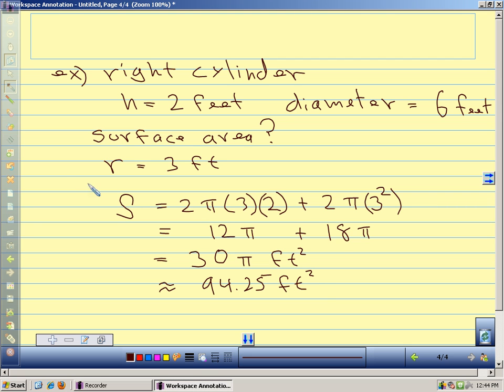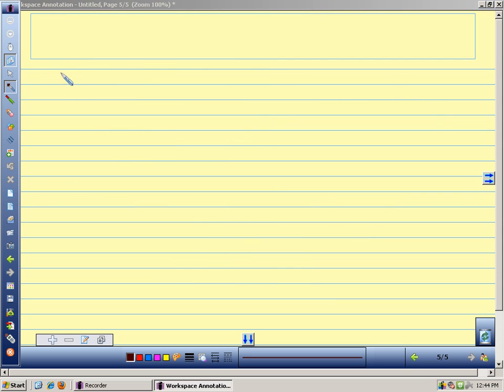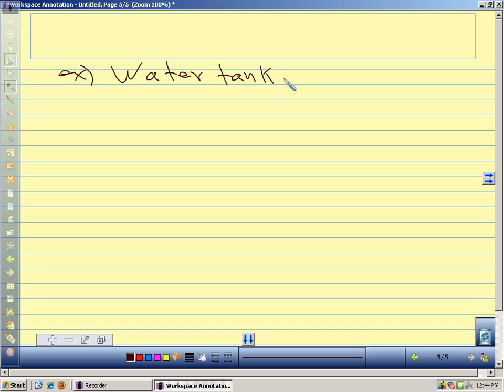All right, let's do a volume calculation. We have a water tank. And our water tank is a cylinder. The height is 4 feet, and the diameter equals 14 feet.